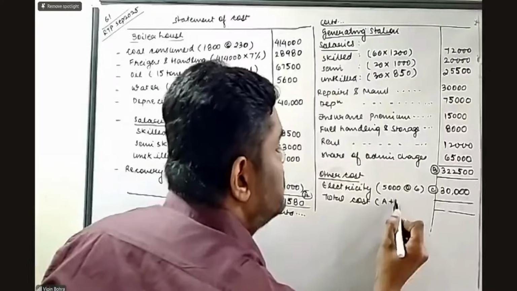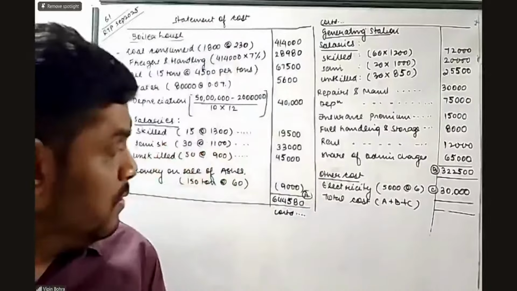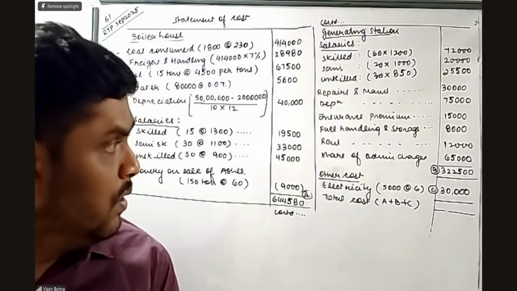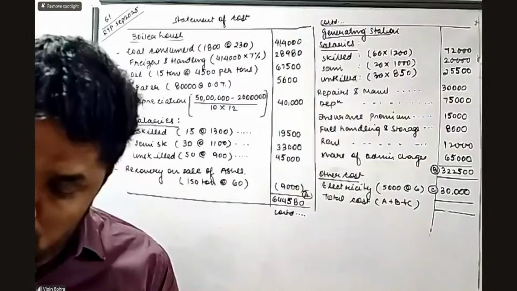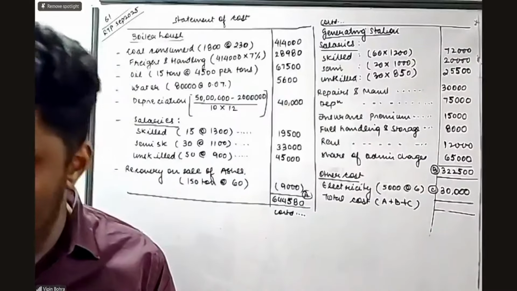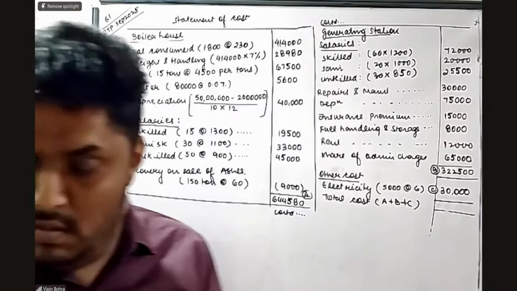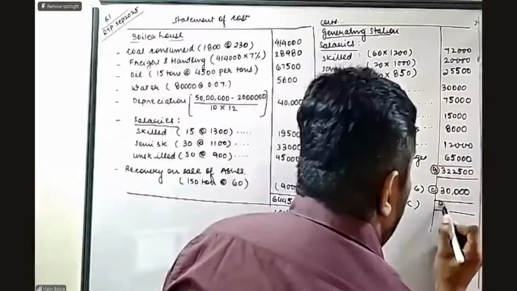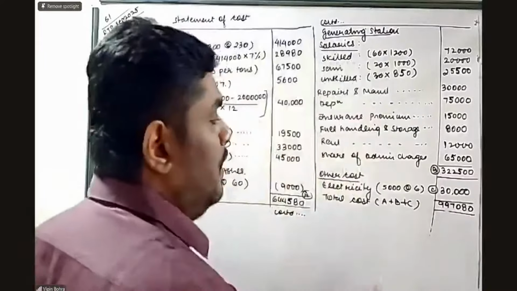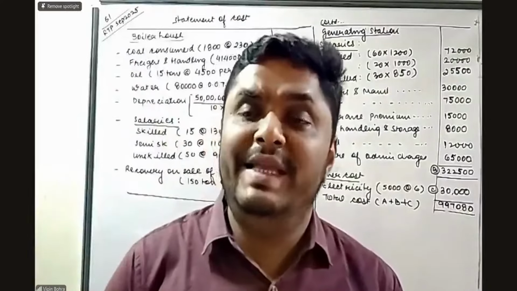That is A plus B plus C. So this is the total cost of generating electricity.